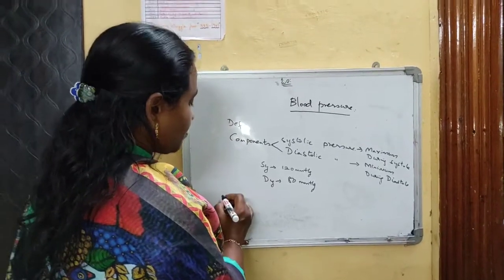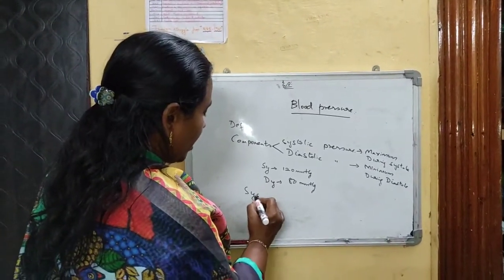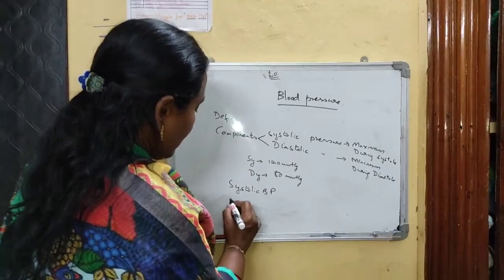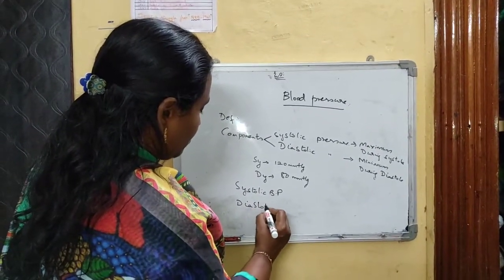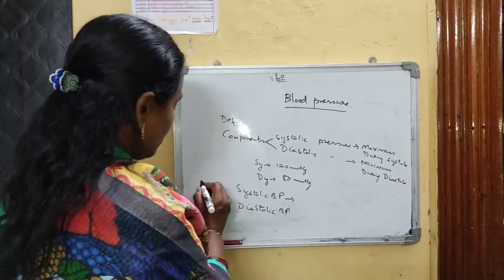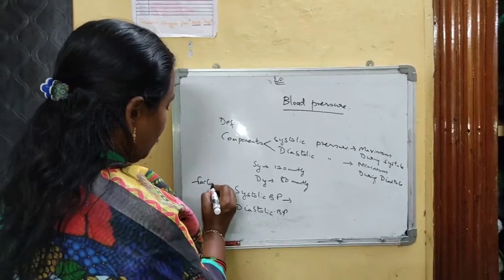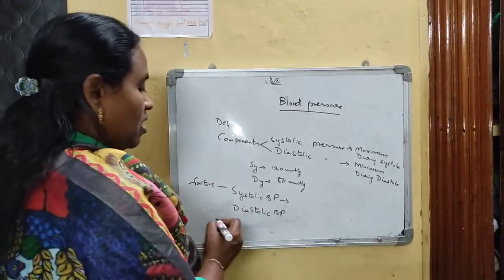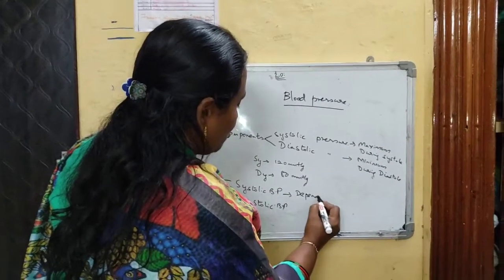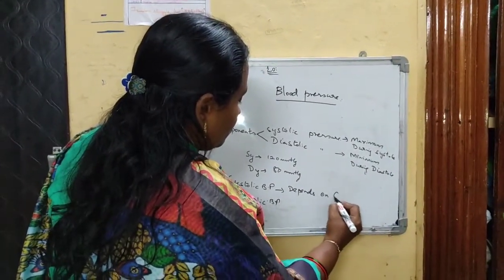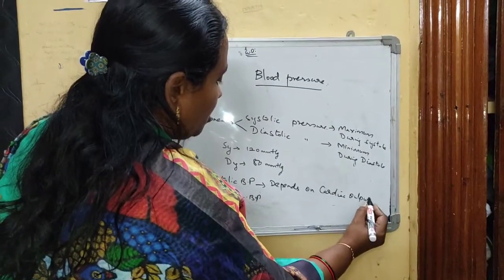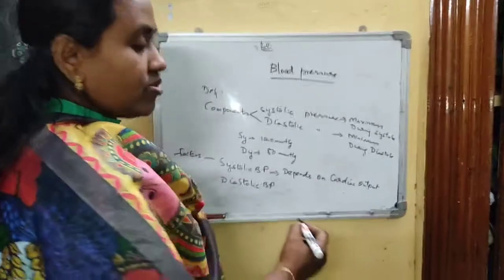So there are certain factors which affect the systolic blood pressure and the diastolic blood pressure. The factors affecting systolic blood pressure: mainly it depends on cardiac output. I hope all of you remember the definition of cardiac output.